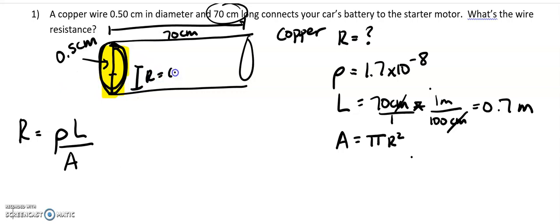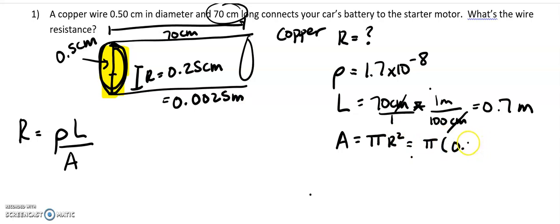The radius is 0.25 centimeters. Wow, and if I convert that to meters, that's essentially divided by 100, so 0.0025 meters. Cool. So then the area is what? Pi times radius, which is 0.0025 squared.